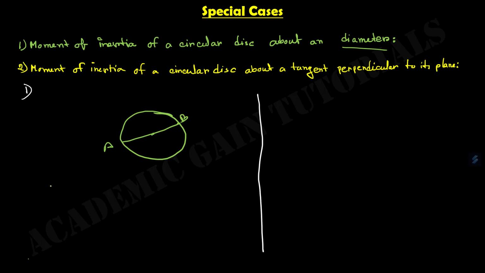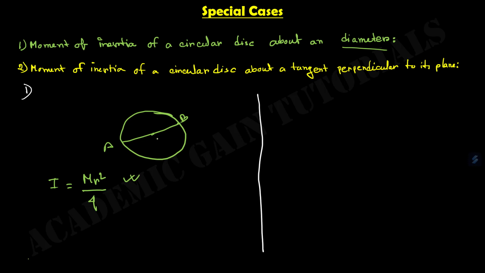The moment of inertia of this will be I equals m r square by 4. We can prove this, but there is no need to prove the whole section. We just remember what the moment of inertia is and where the axis lies.